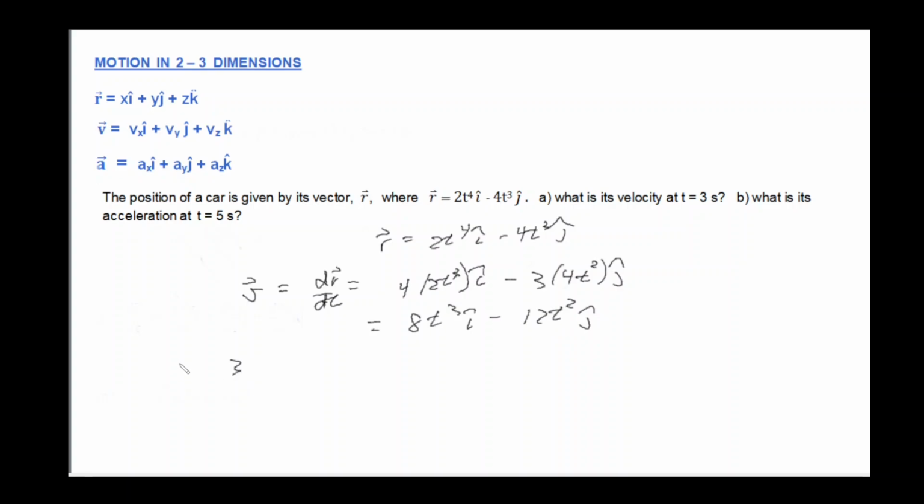So at 3 seconds, we get velocity is equal to 8 times 3 cubed i minus 12 times 3 squared j, which ends up being 216i minus 108j. So that would be our velocity.